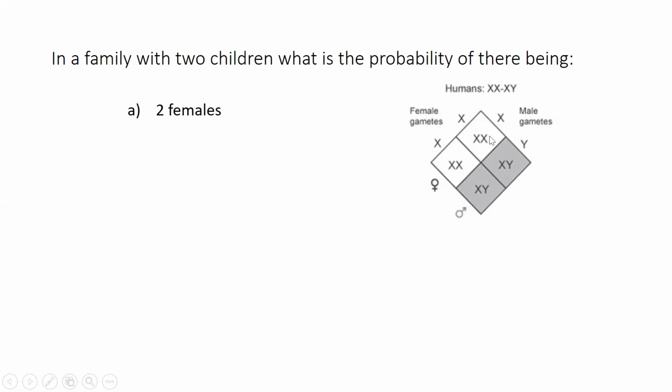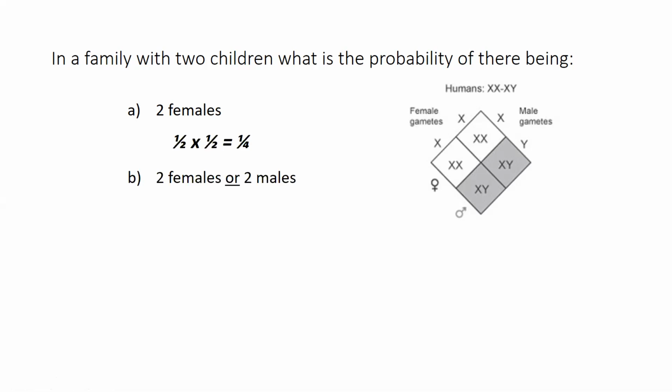So for 1 female, you'd have half, and then for 2, you would multiply half times half, right? So it would be a 1/4 chance to get 2 females in one go. Make sense?